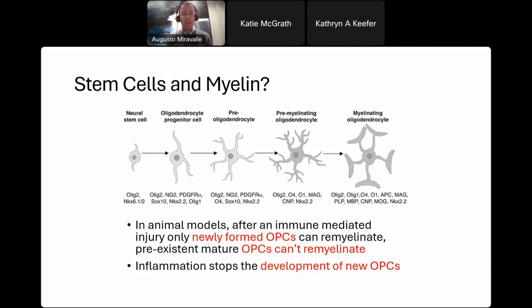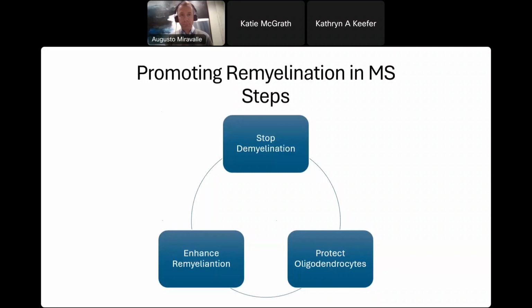So basically, in MS, we have to create new baby cells, new OPCs, so they can actually induce and create more myelin. So this is the formula, right? Even though it's complicated, at the end of the day, it's simple. We need to accomplish all three steps in order to remyelinate in MS. One is to stop demyelination.